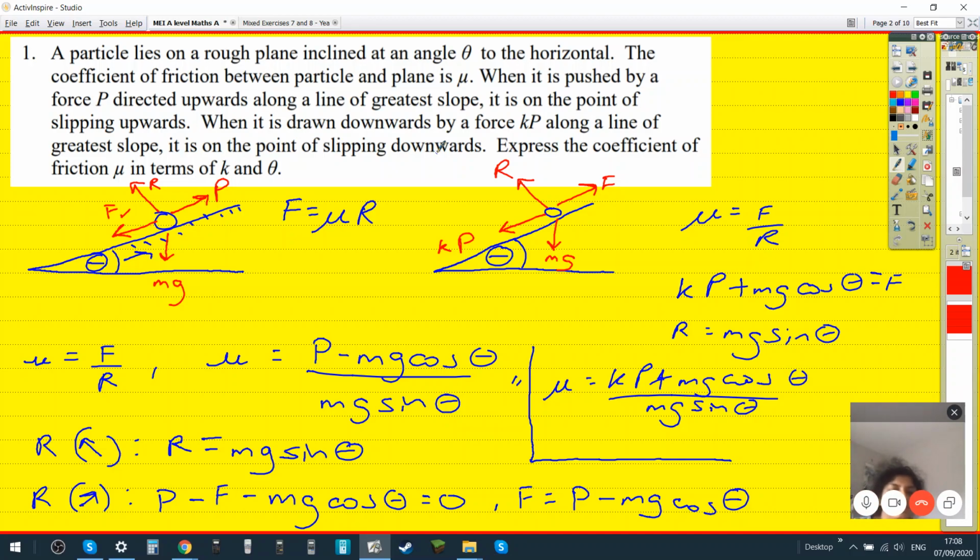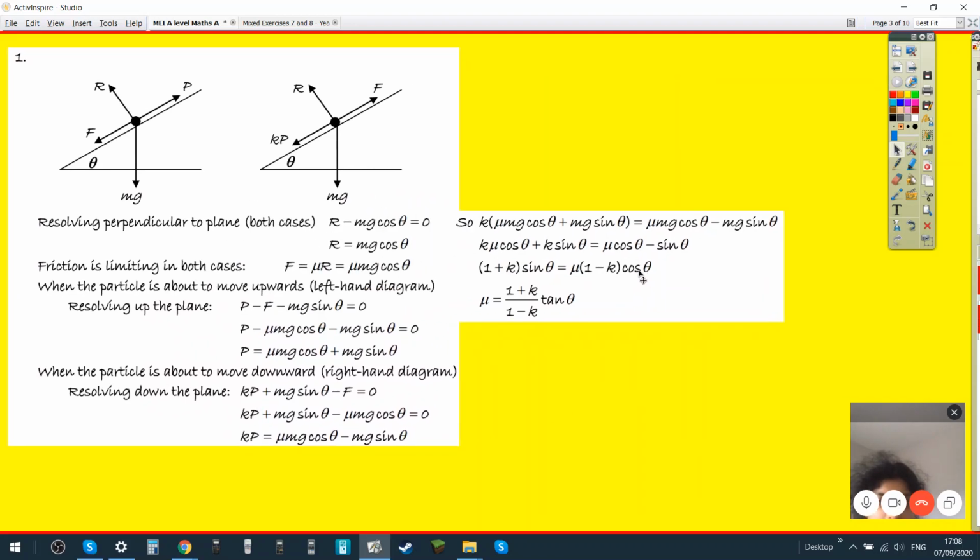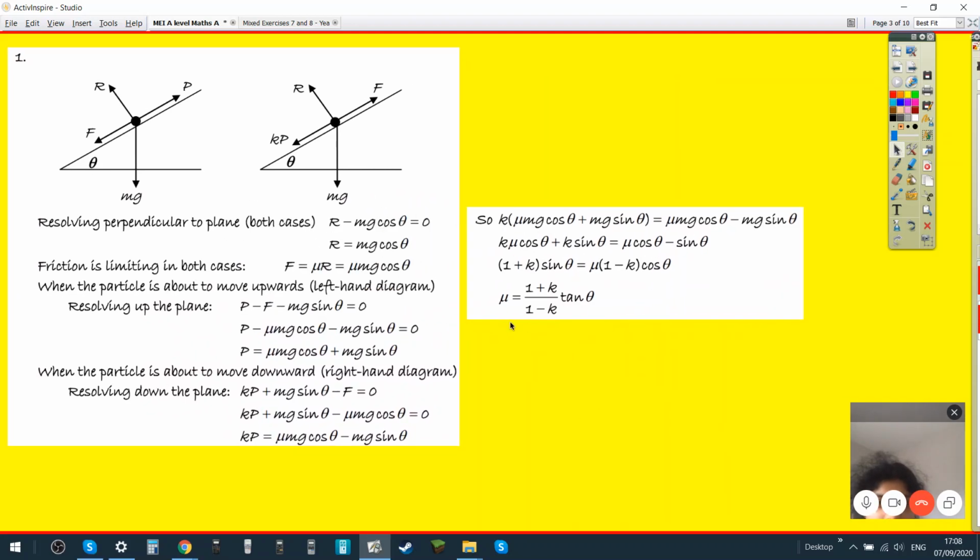I don't know how you're meant to get rid of it though. We're supposed to get rid of the P, I bet.